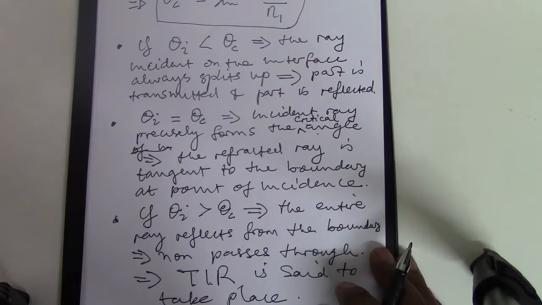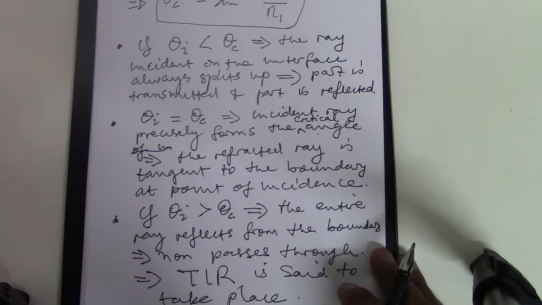When the ray divides into two parts, part of the energy is refracted and part of the energy is reflected. So while the angle of incidence is smaller than the critical angle, most of the energy is refracted.